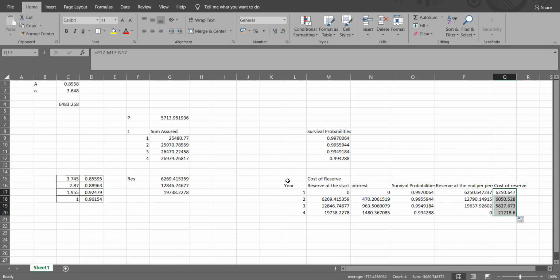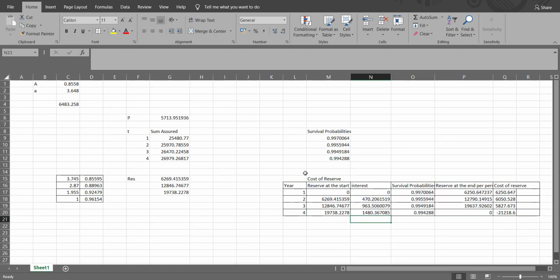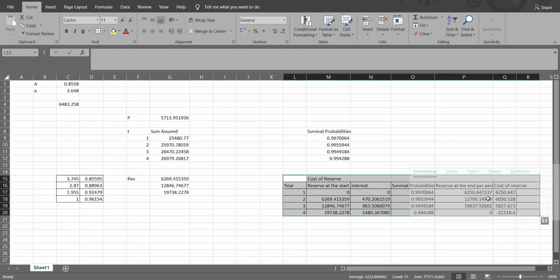Okay, that's how they look, and you can in fact copy this table to Word. So first, just put some borders around it, and now just take it to Word.